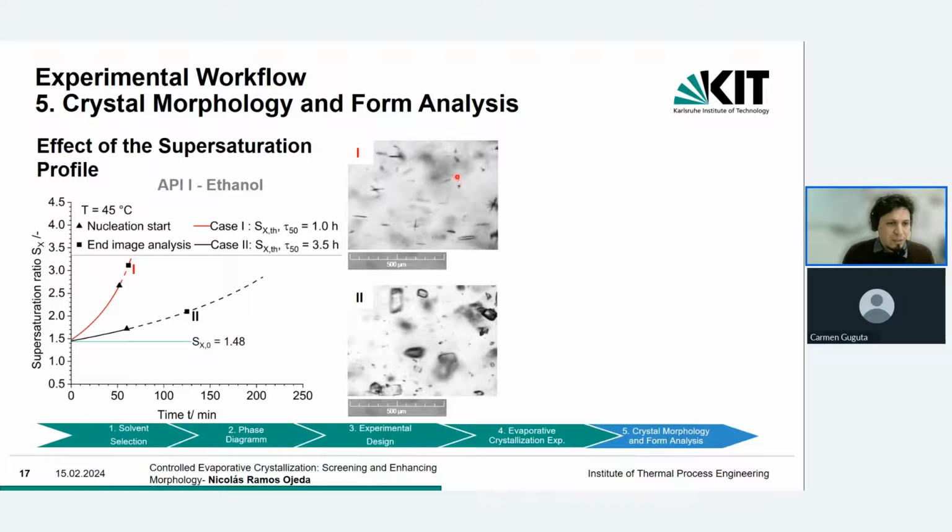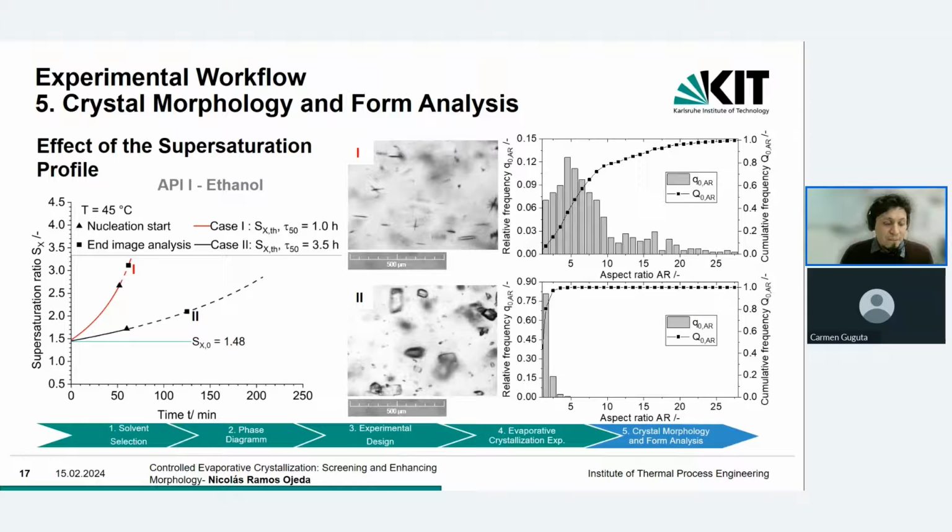In the fast evaporation, it is a marked needle-like morphology, and on the other hand, with the slow evaporation, we get these nice isometric crystals, which were well illustrated by the quantitative analysis of the aspect ratio. Here is the cumulative frequency and the relative frequency, and we see that the cumulative frequency in this case tends to values going to 1.